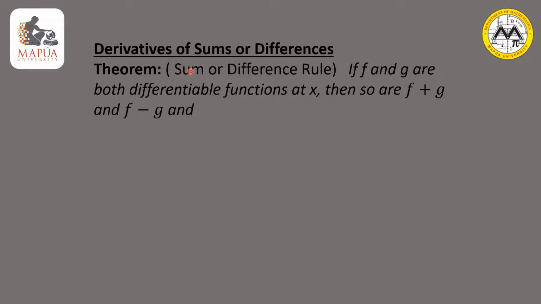In differentiating a sum or a difference of functions, if f and g are both differentiable functions at x, then their sum f plus g or their difference f minus g are likewise differentiable, and the derivative with respect to x of the sum or the difference of the functions f and g would equal the sum or the difference of the derivative of f with respect to x and the derivative of g with respect to x.